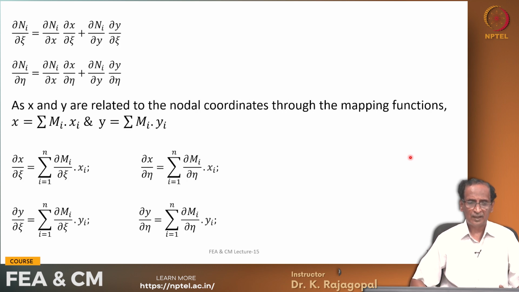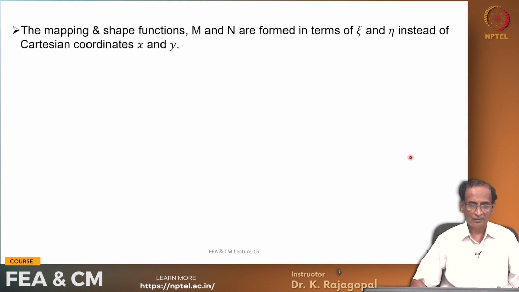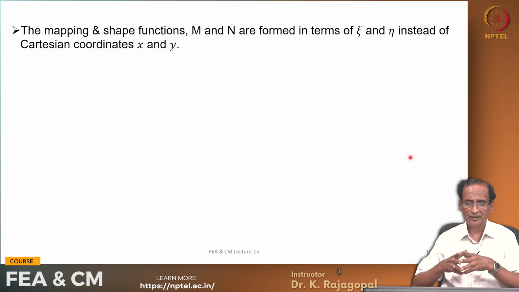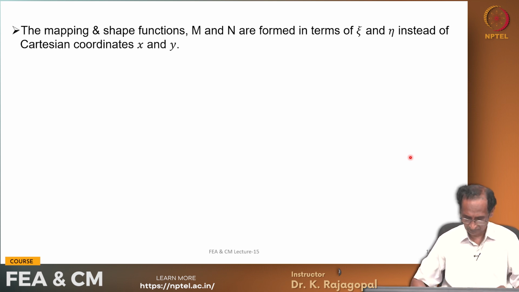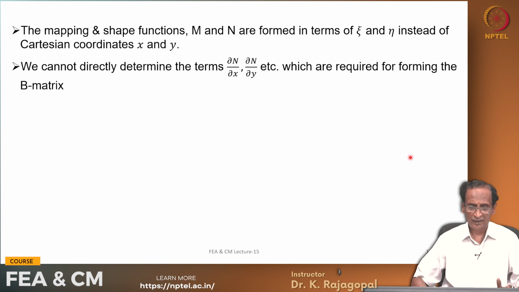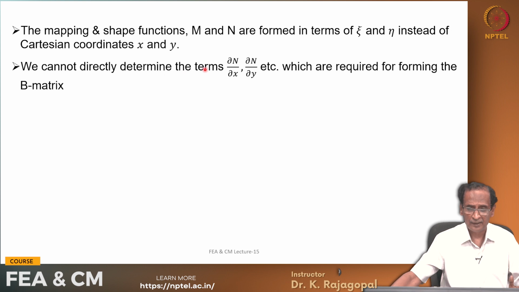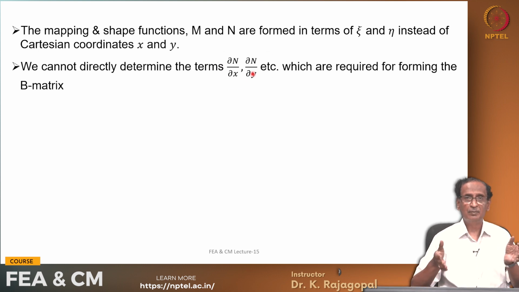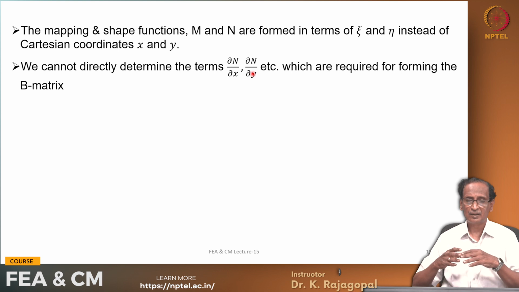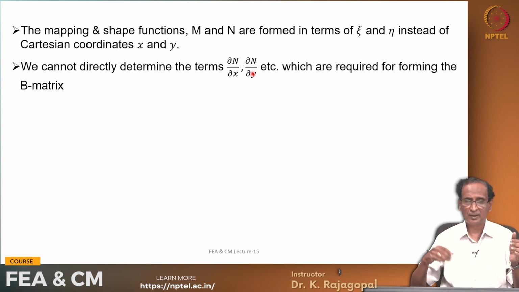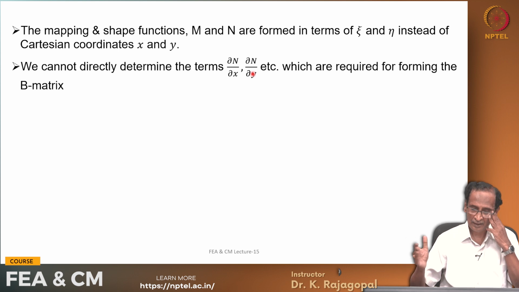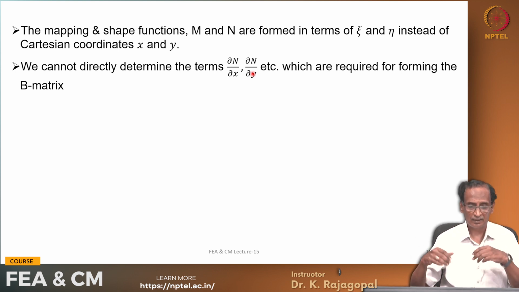So now we have developed our mapping and shape functions in terms of xi and eta instead of the Cartesian coordinates x and y, and so we cannot directly determine our Cartesian derivatives of N, dou N by dou x and dou N by dou y. Unless we derive them, we will not be able to form the B matrix, because the B matrix is required for forming our stiffness matrix or for calculating the equivalent loads due to initial stresses and so on.